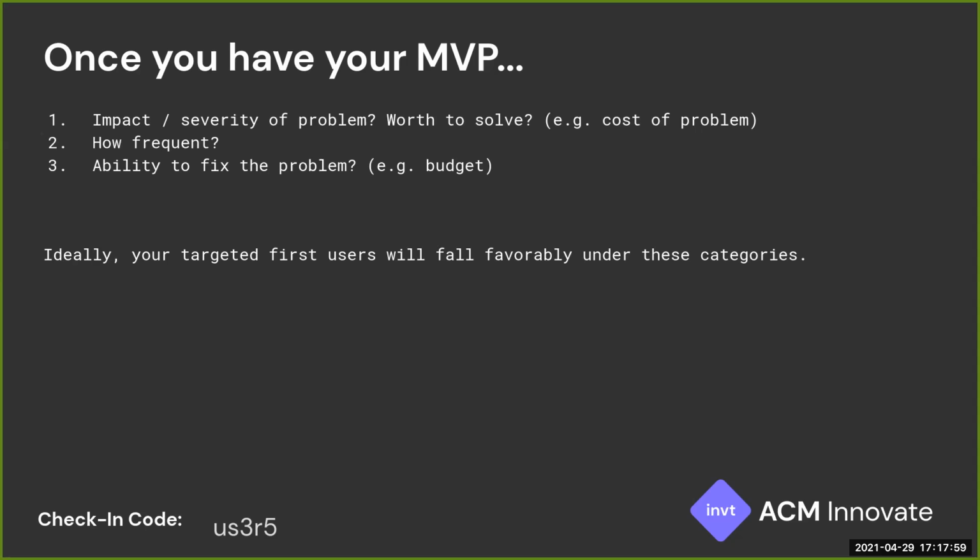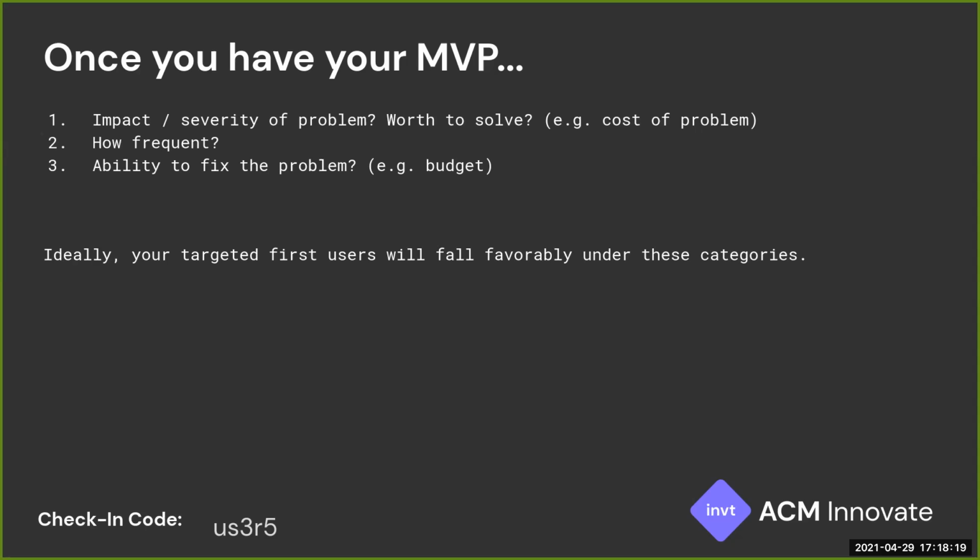And the third bullet point, which is pretty important: do they have the ability to actually fix the problem? In this case, my friend does have a budget. Maybe there is a more expensive option.